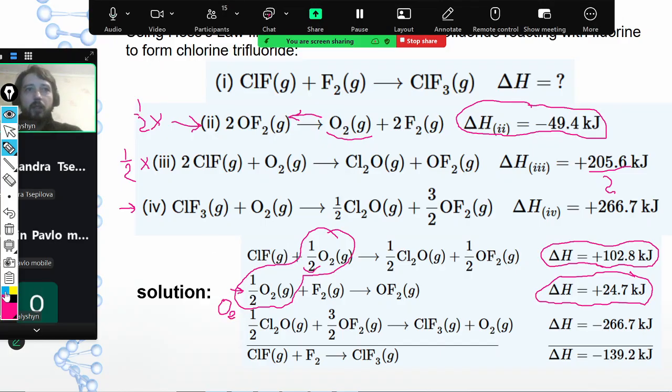I have, let's take this, chlorine fluoride here and chlorine fluoride in my initial equation. That's really good because I need it in the final answer. I have fluorine here and fluorine here. That's perfect. That's what I want. Now I don't have chlorine fluoride 3. I don't have it anywhere. And on the right side, I don't have oxygen to compensate for this thing.